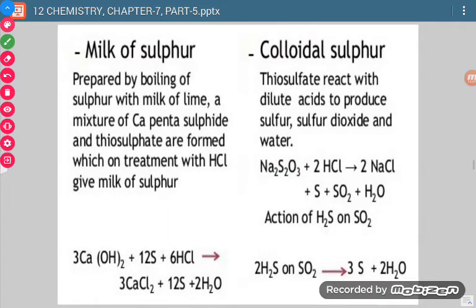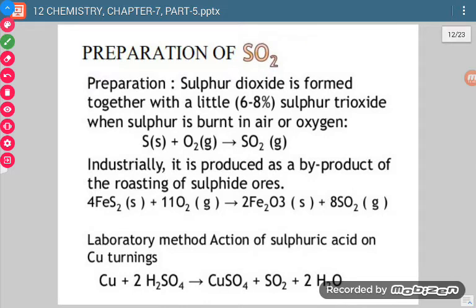Now how can we prepare sulfur dioxide? We have come to the third compound, sulfur dioxide. Sulfur dioxide is formed by the action of sulfur with oxygen.